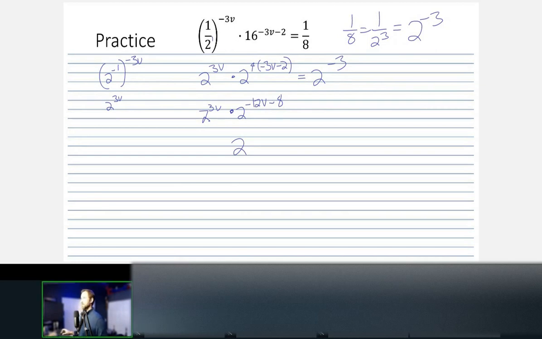Yeah, 2 to the negative 9v minus 8. So same bases, 2 and 2, you add the exponents. So this times this, same bases, add the exponents. So 3v plus negative 12v minus 8. So we have 3v minus 12v is negative 9v. We're just combining like terms at this point. And then we just have that minus 8.